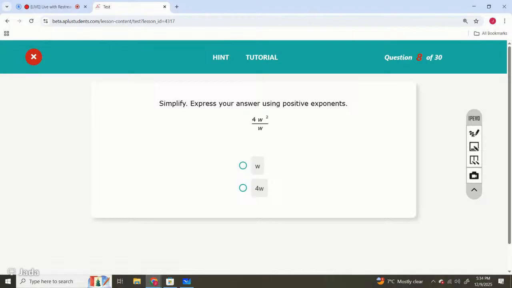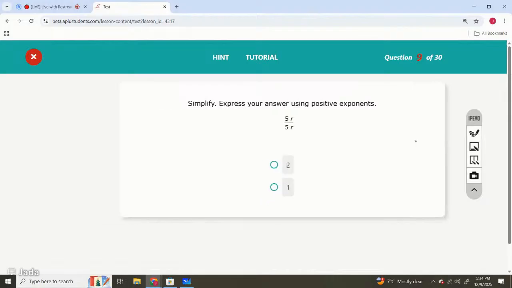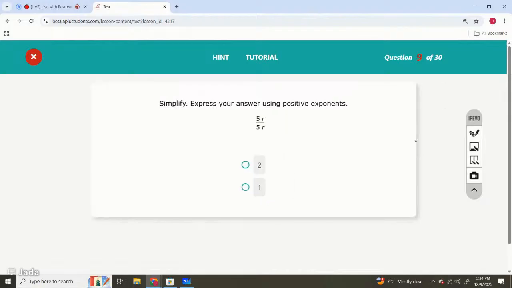4w square divided by w, which is the correct option? That is 4w. Option number 2 is the correct option.